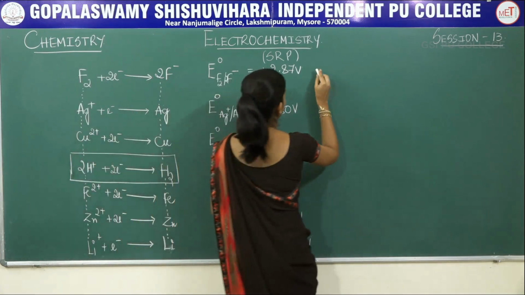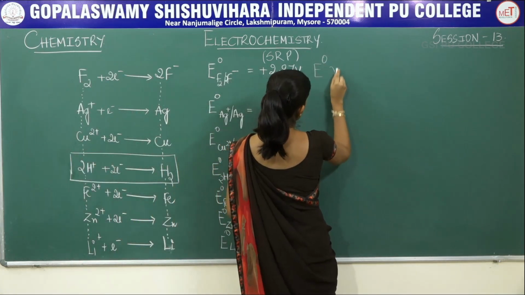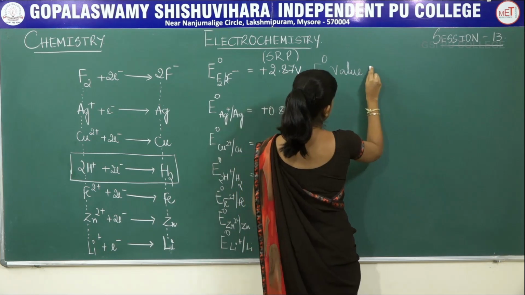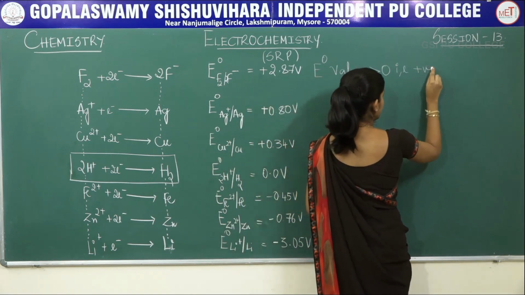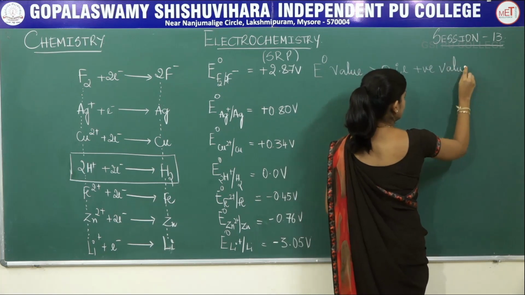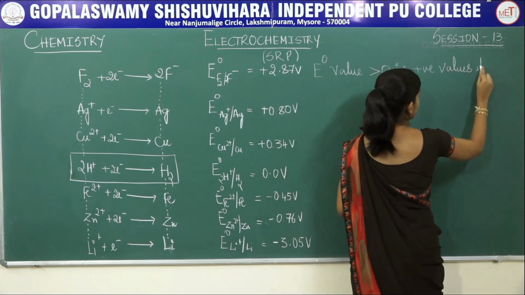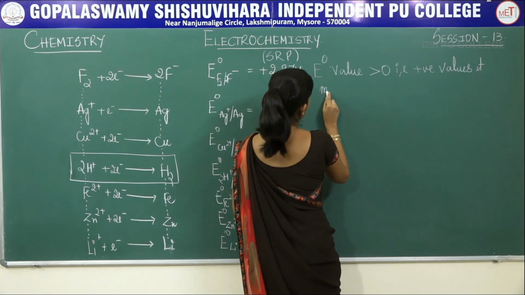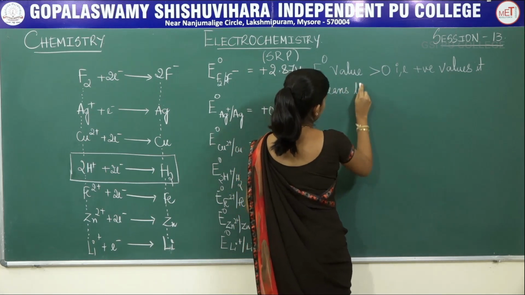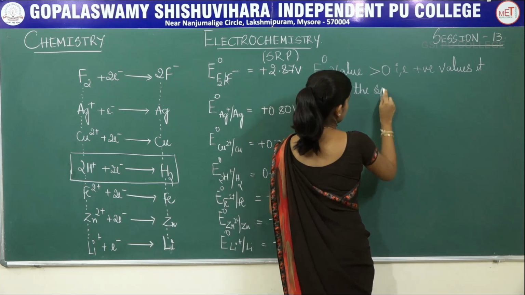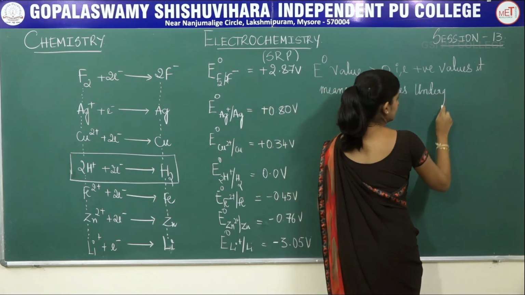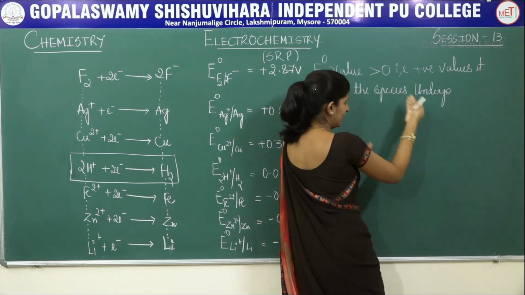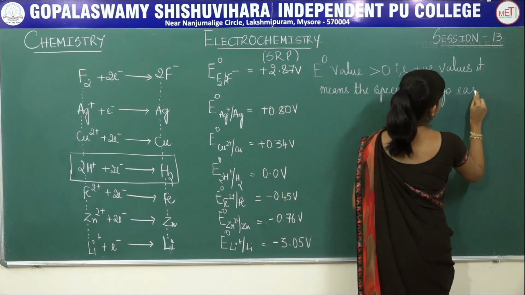So if E0 value is greater than 0, that is positive values, it means the species or elements undergo easy reduction.